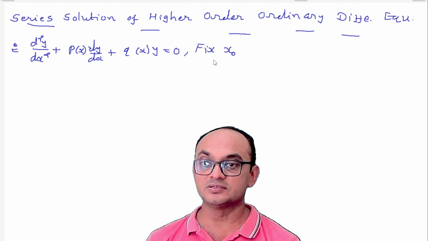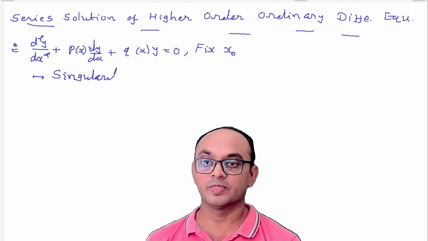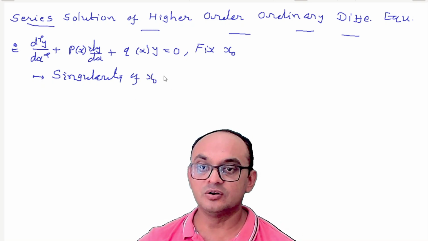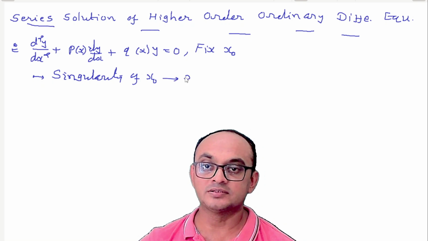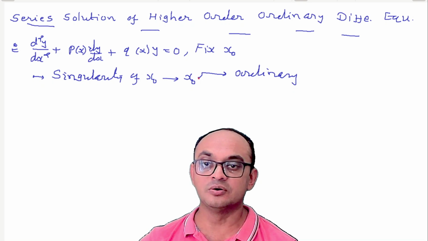The first part is the singularity at x0. What does it mean? Singularity at x0 means whether x0 is an ordinary point or x0 is a singular point.